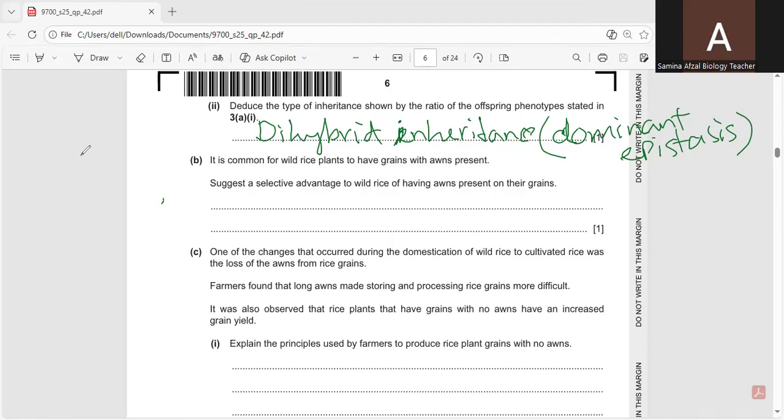They provide protection, being needle-like.